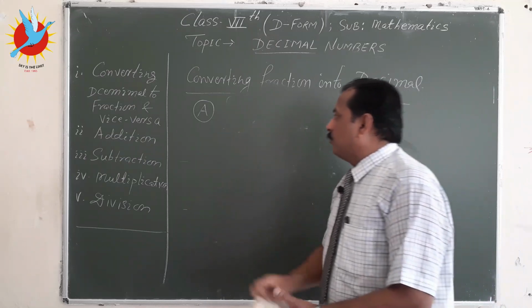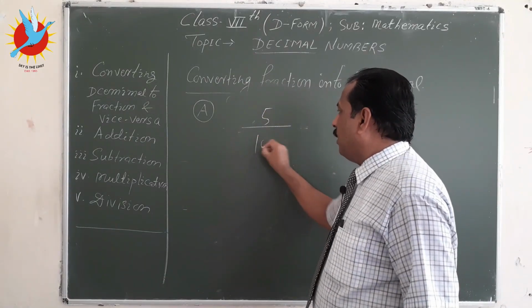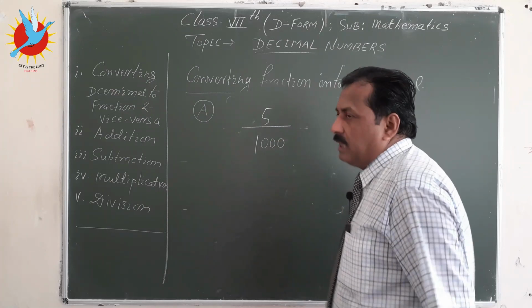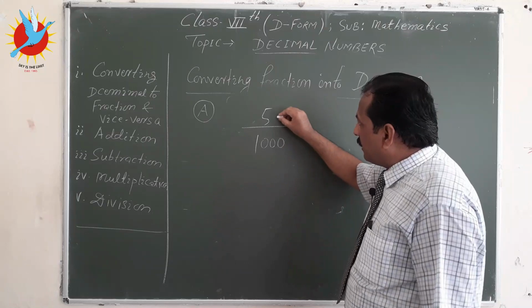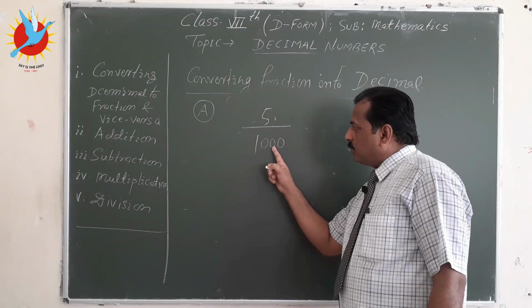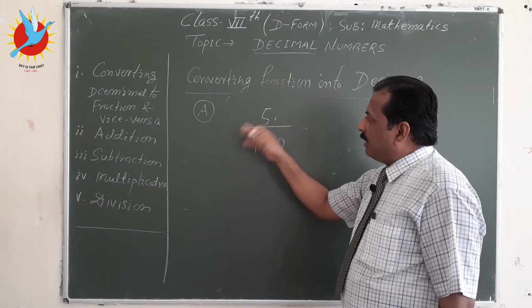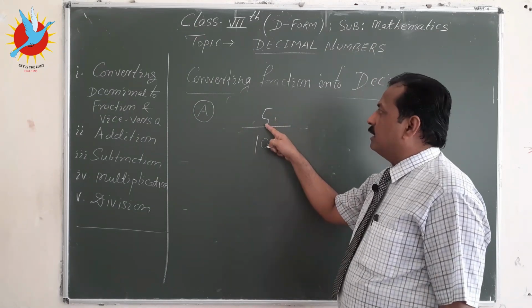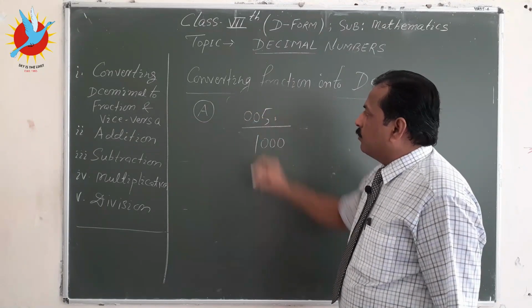Let us take one more example, 5 divided by 1000. How to do that? This is a whole number, so the decimal can be assumed here. How many zeros are there? 1, 2, and 3. So this decimal will be shifted by 3 places. One place is already there, for another place put 0, for another place put 0.